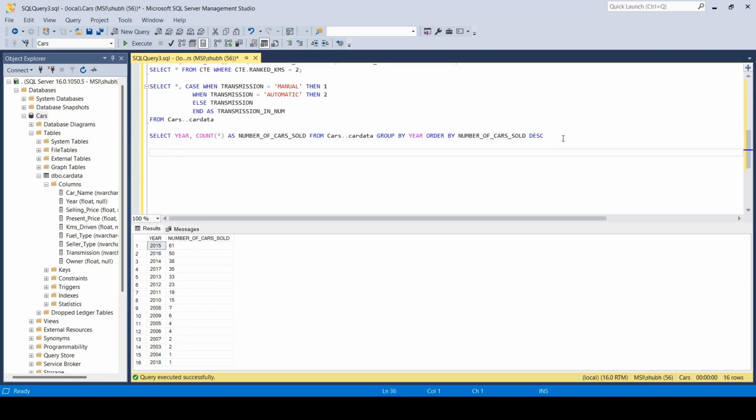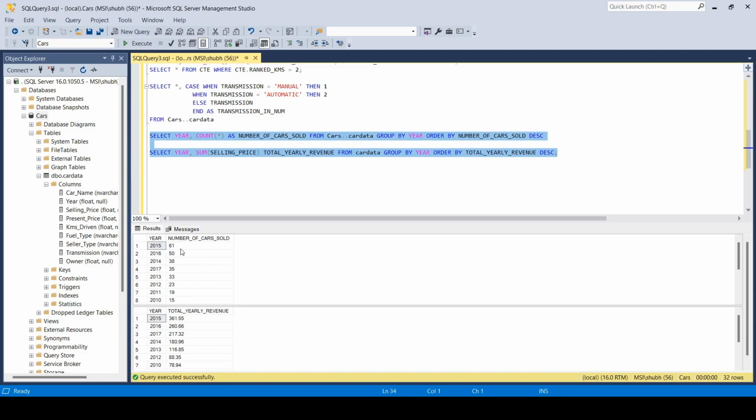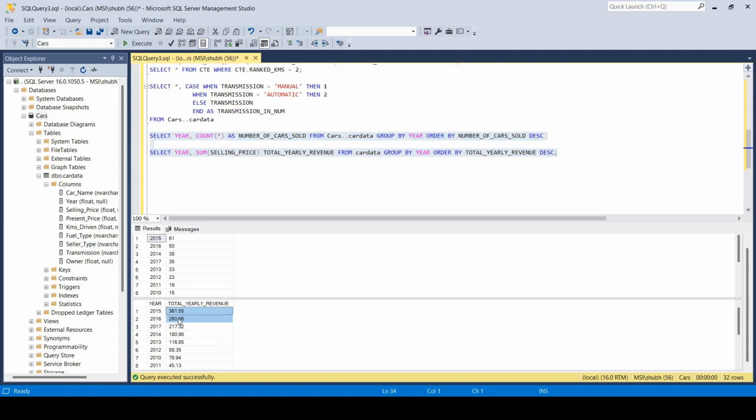Let's see which year brought the most revenue. 2015 brought the most revenue, and 61 cars were sold, and as expected, it has brought more revenue. In 2016, 2017 brought more, while the cars were sold more in 2014. So pricing is also a factor, so inflation.